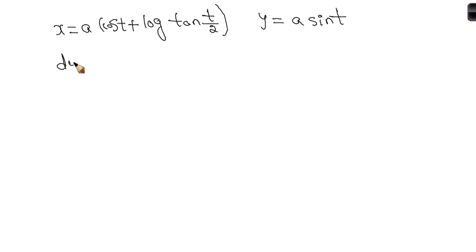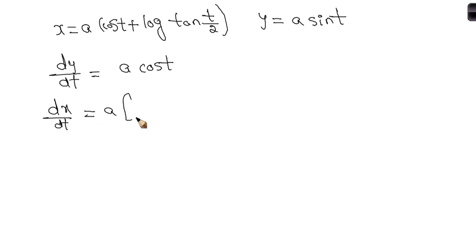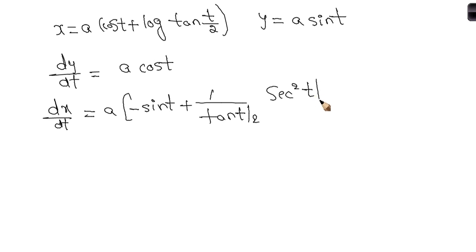So dy by dt is the same as a times cos t, and dx by dt is the same as a into, cos t derivative is minus sin t, plus log tan t by 2 is 1 by tan t by 2. Tan t by 2 derivative is secant square t by 2 into derivative of t by 2 would be 1 by 2.